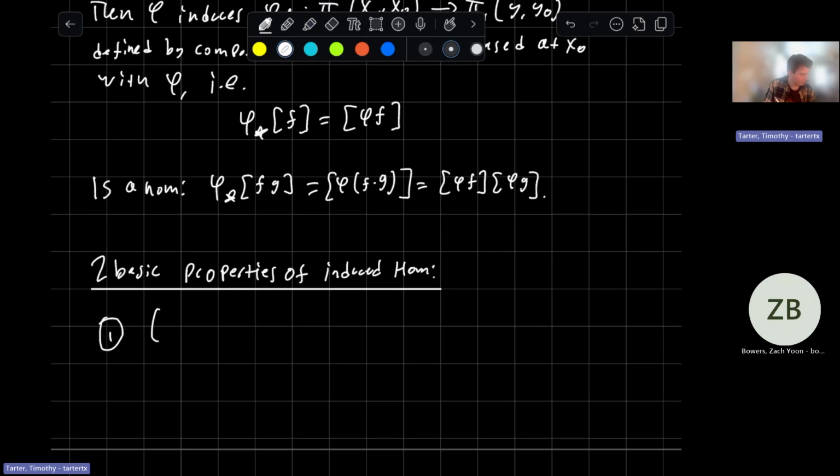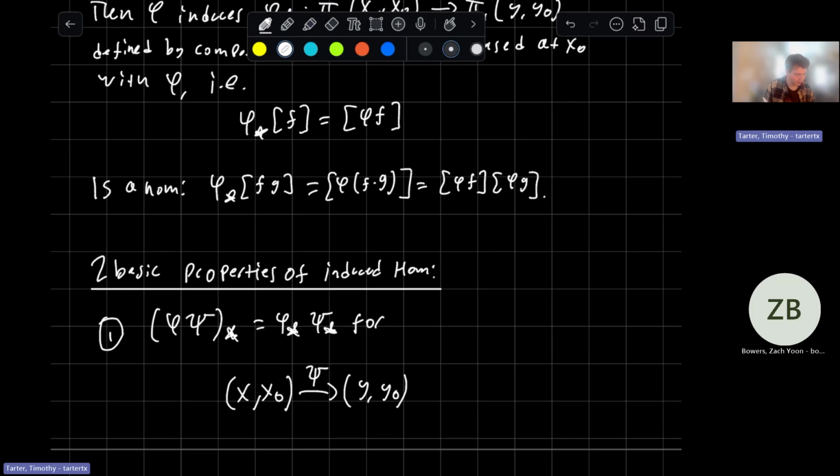One is that phi psi star is equal to phi star psi star for the composition x naught by phi to y naught to z naught.